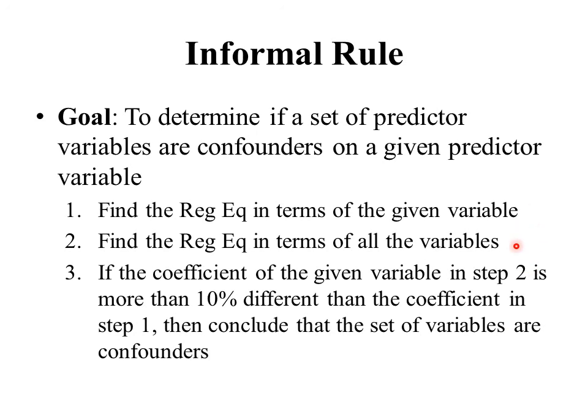In the second equation, we got a coefficient of BMI equal to 0.58. That was a 13% decrease. 13% is bigger than 10%. And so we concluded that the set of variables are confounders. This just illustrates one use of multiple regression to try to determine whether or not some variables are confounders.